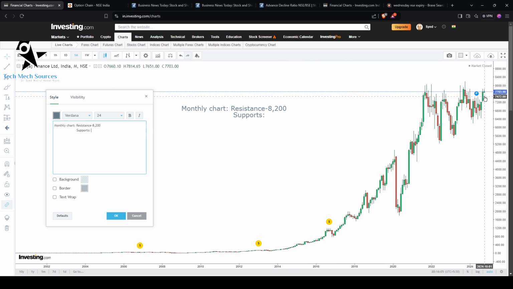So here, the first support I can see is kind of here, 7,663, 7,660. And the next support, it is very prominently 7,331.